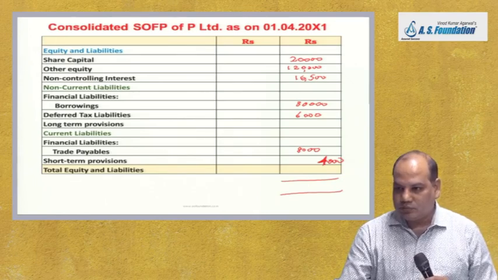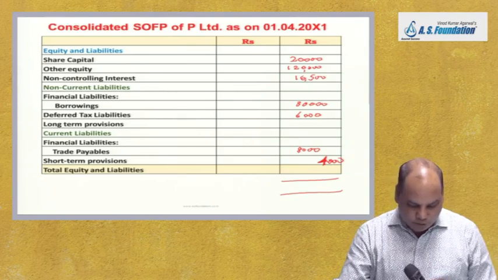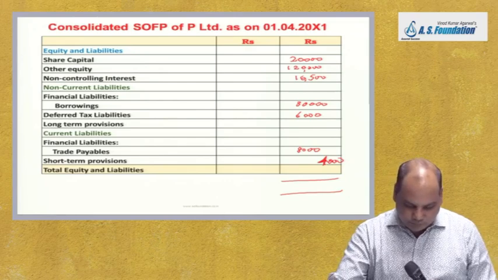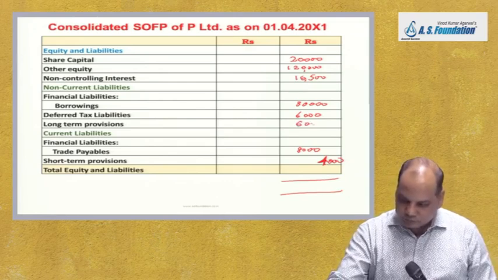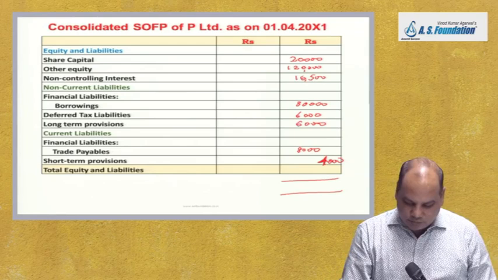Total of this side. Long term provision total is how much? 6,000. Is it not telling?